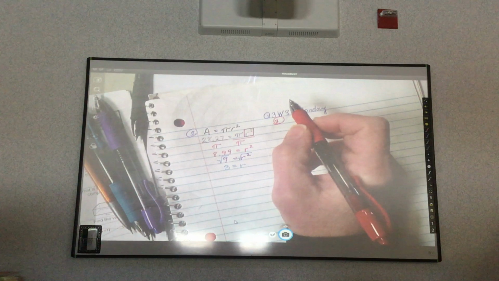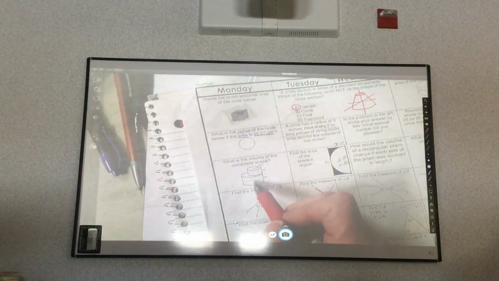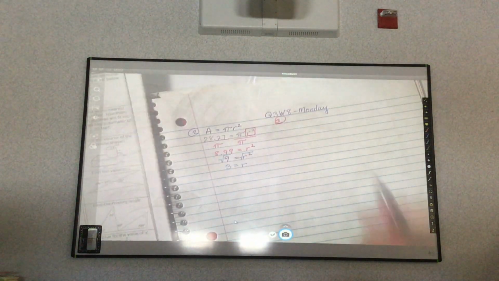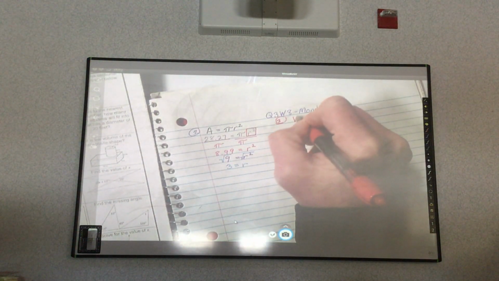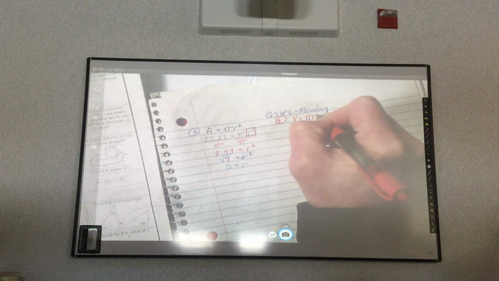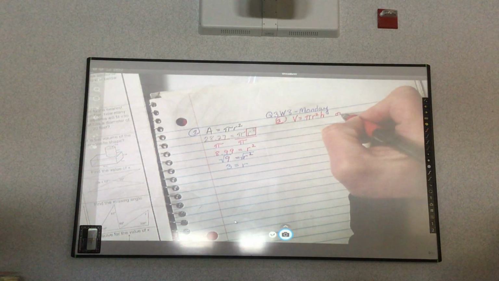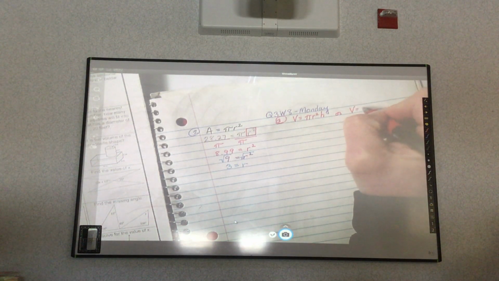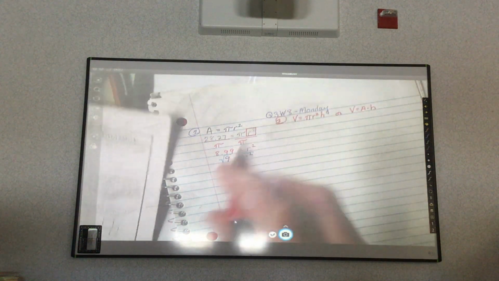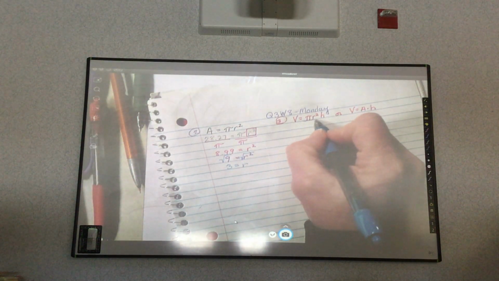Number 3, you are to find the volume of these two cylinders. So we need to find the volume of both of them. You need to write down that volume equals pi r squared times the height, or volume equals the area of a circle times the height, because area is pi r squared.